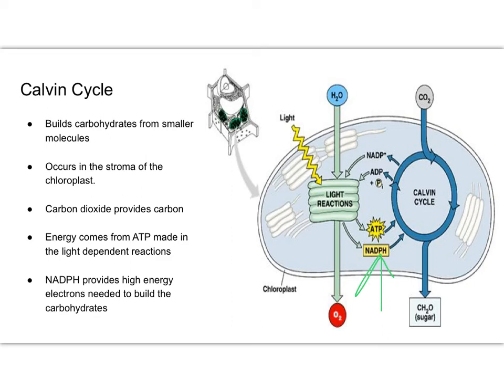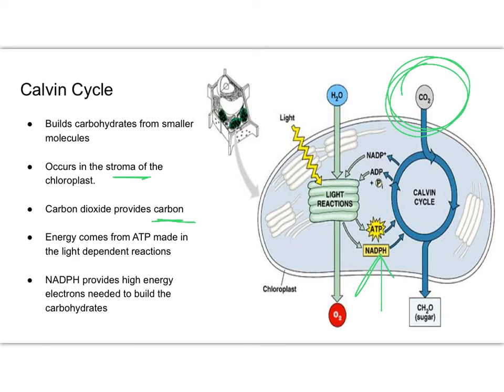So now we actually have to use them to build the carbohydrates. So the Calvin cycle is occurring in the stroma, right? So outside of the thylakoid membranes. So it occurs in the stroma. It's going to build the carbohydrates. This is where the plant's going to actually need the carbon dioxide now. So the carbon dioxide is going to be used to provide the carbon for the glucose.